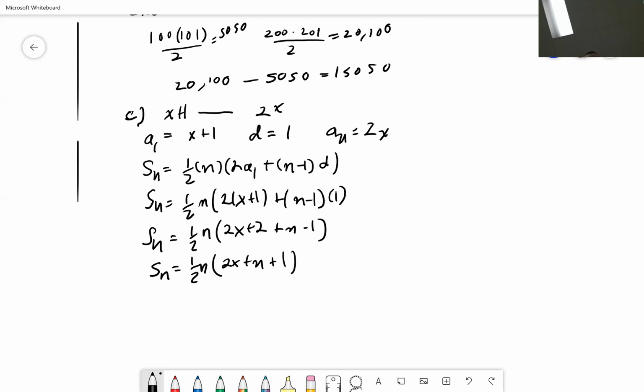All right, so they essentially allowed x to be n, which I'll go ahead and do. So I'm going to allow for x to be n. I didn't like doing that because I like to keep them separate, but whatever. This is their book. So I'll go ahead and replace the x with the n.